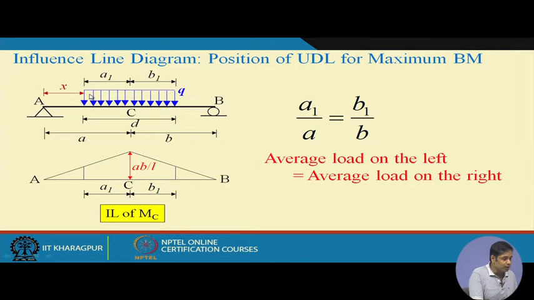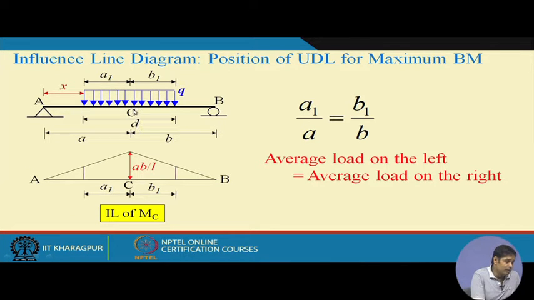If a uniformly distributed load is applied on a simply supported beam, then this is the influence line diagram for bending moment. Suppose C is any given location at which we want to determine the bending moment.